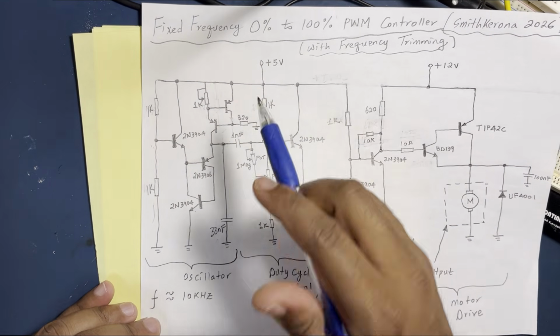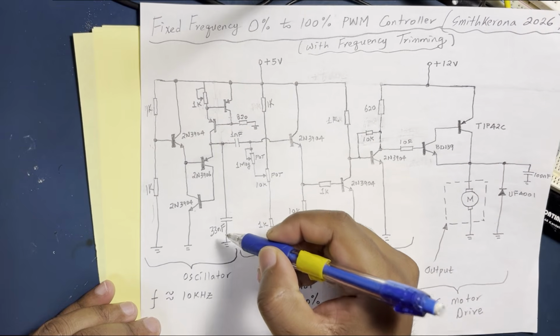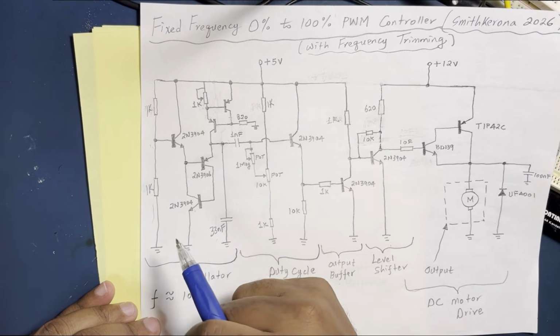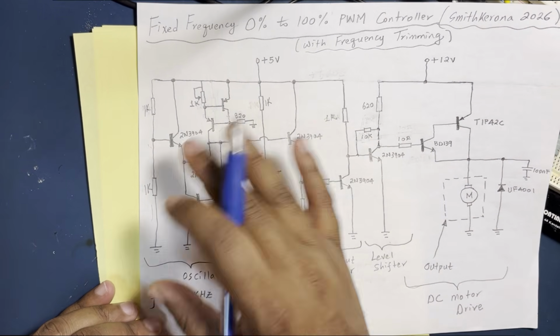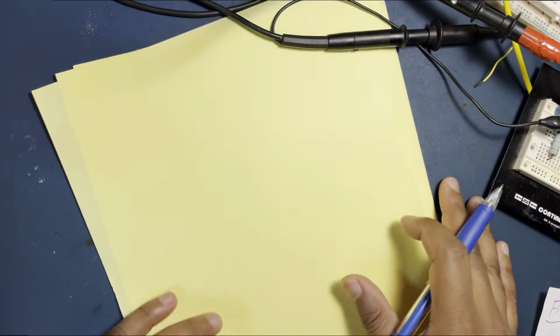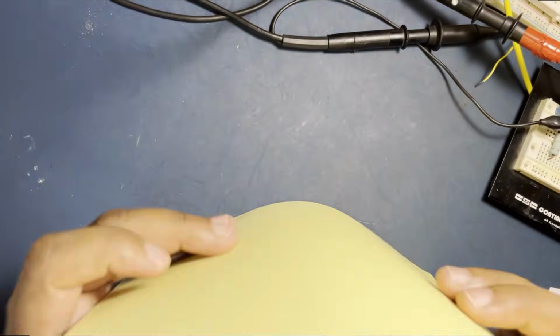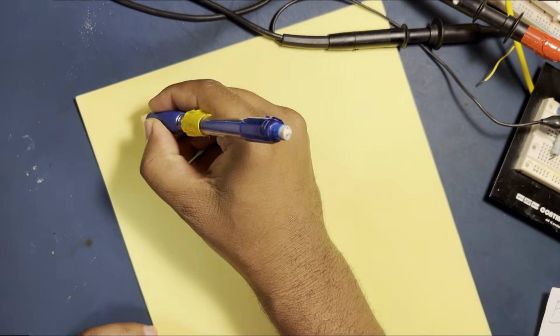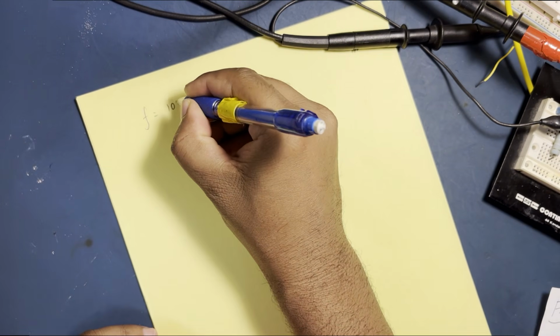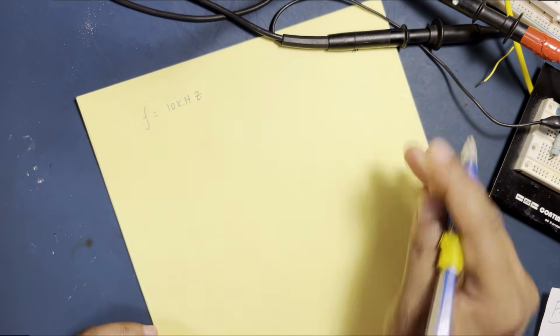First of all, we're going to get the specification of the frequency and start from there. Like I said in the previous video, I wanted to trim the frequency to about 10 kilohertz. That's what the oscillator is going to work at.